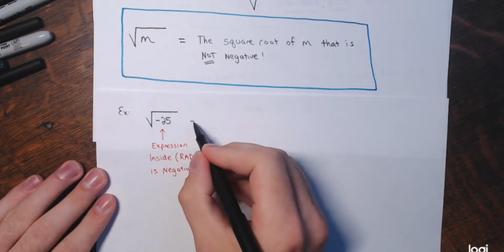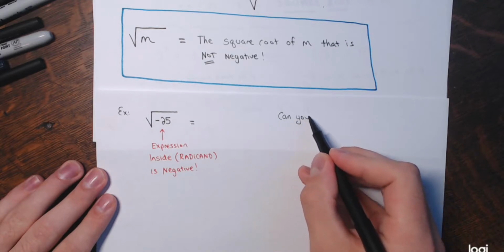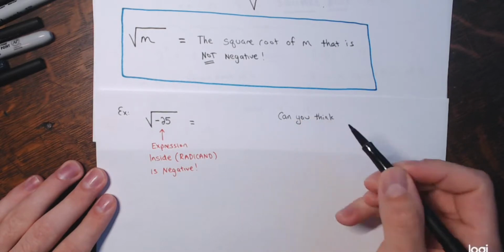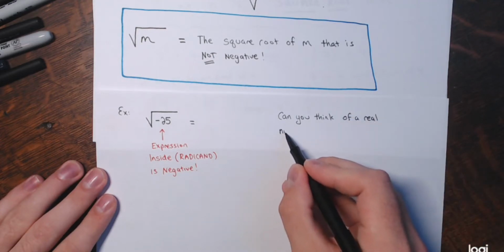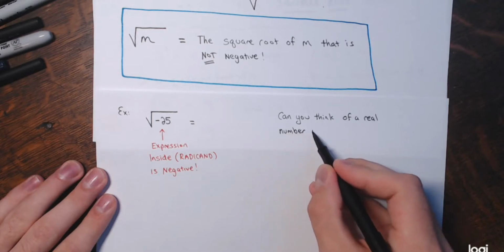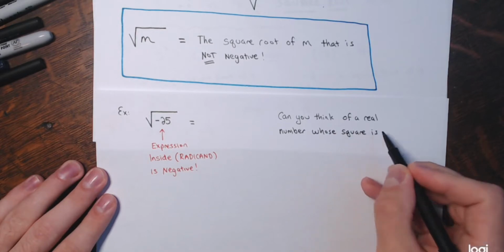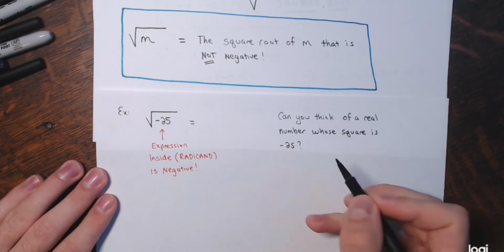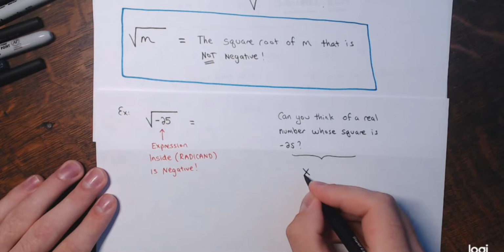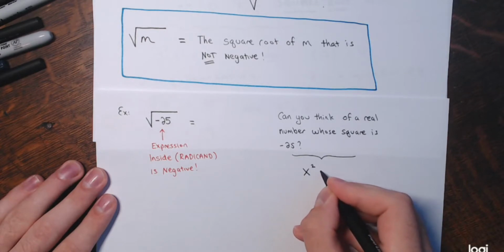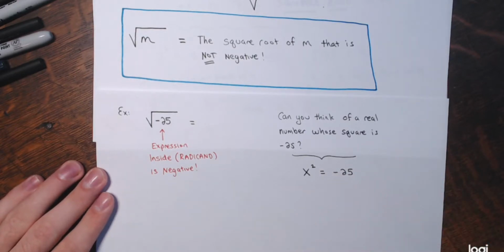So when I say this is equal to, I'll ask the question: can you think of a real number whose square is negative, in this case negative 25? So basically you're solving this equation: can you think of a number x such that when you square it you get negative 25? Does this have any real solutions?